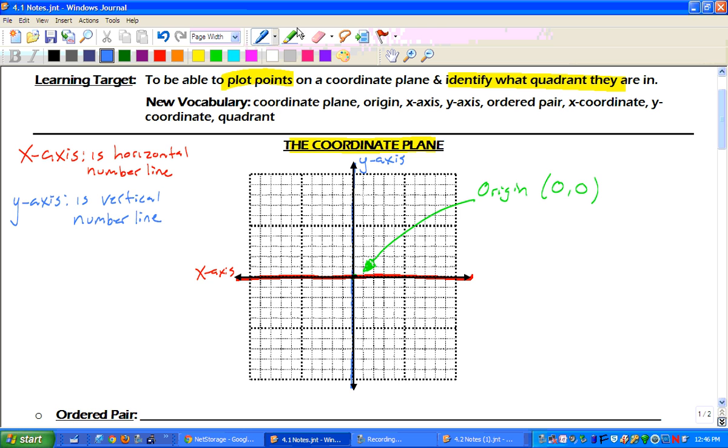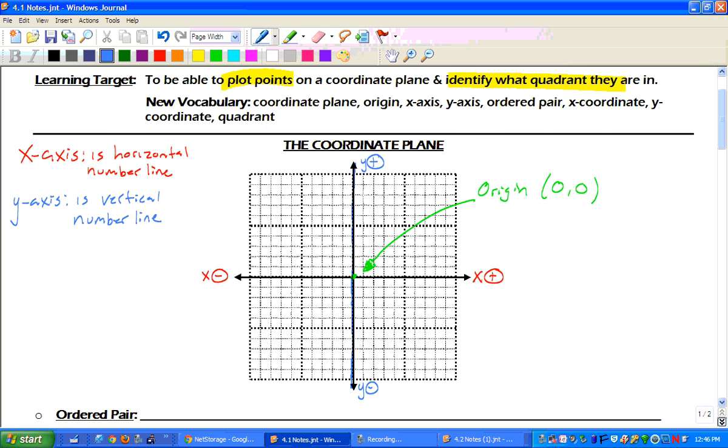Okay, now, a couple things that we need to know. Let's erase these real quick. Anytime we move to the right, that is when x is a positive number. If we move to the left, x is a negative number. Now same thing with the y's. If we go up, y is positive, but if we go down, y is negative.